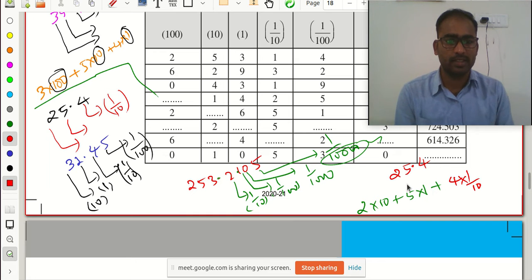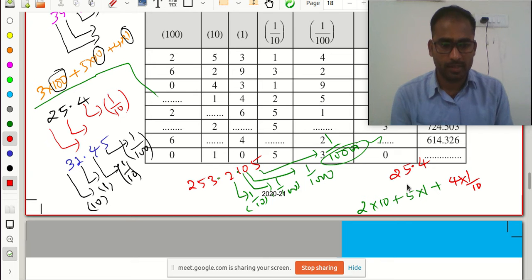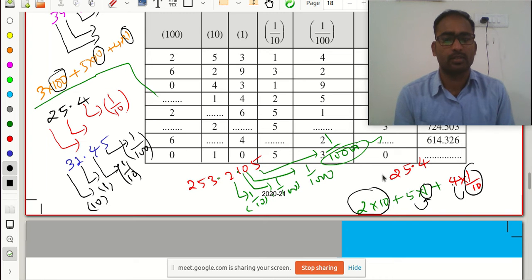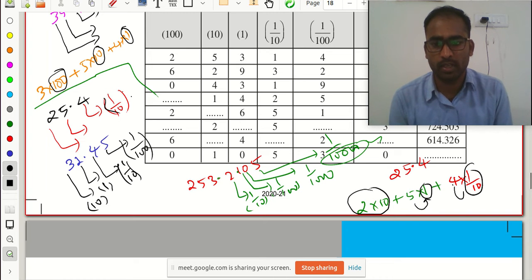Is that right? This is the way of writing. So that is why I am telling here, this 2 is in the tens place, this 5 is in the ones place, and this 4 is in the 1 by 10s place. That is why I wrote here 1 by 10.